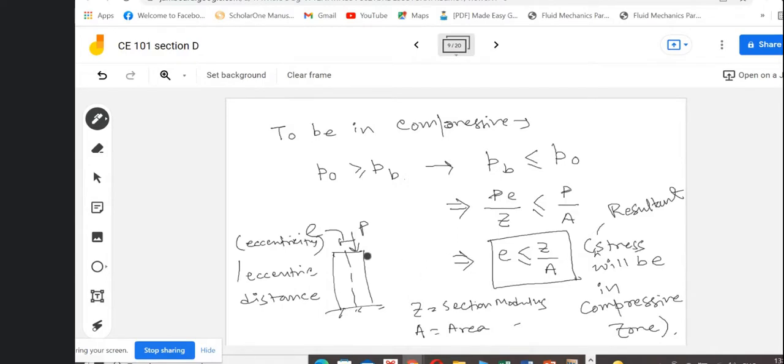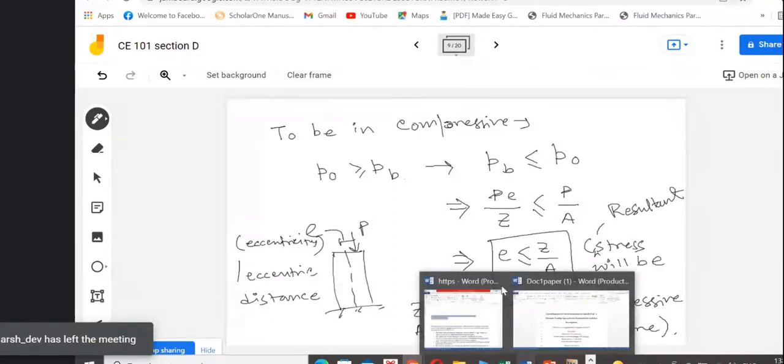Our job is to find out the eccentricity or eccentric distance in such a way that the entire stress will be in the compressive zone.